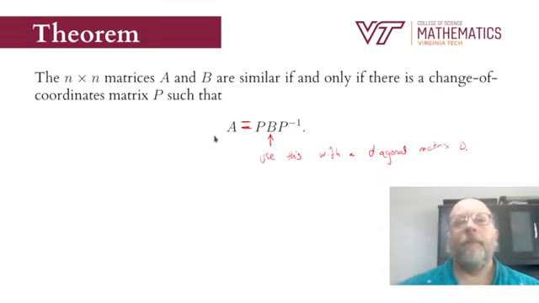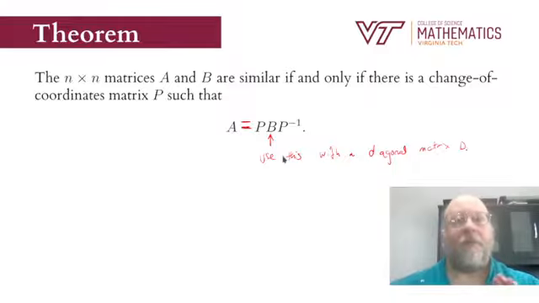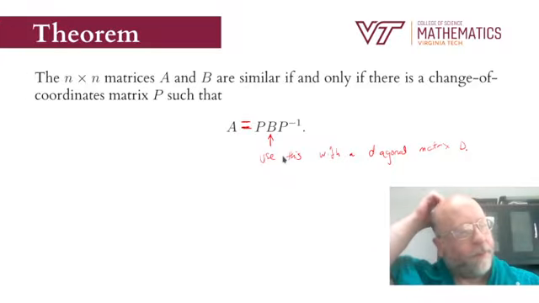But this is a test for matrices being similar, that matrices A and B do the same thing, but in different coordinate systems. The matrix P converts back and forth between those coordinate systems, and that gives us a way of testing that A and B are similar.